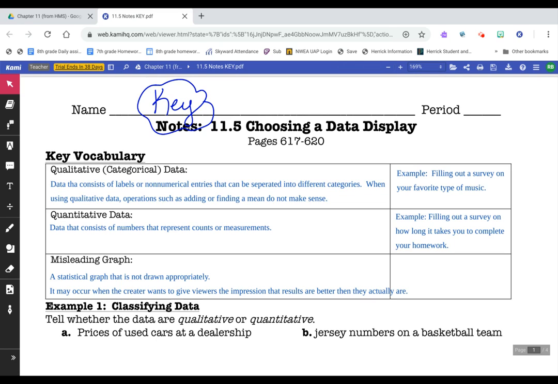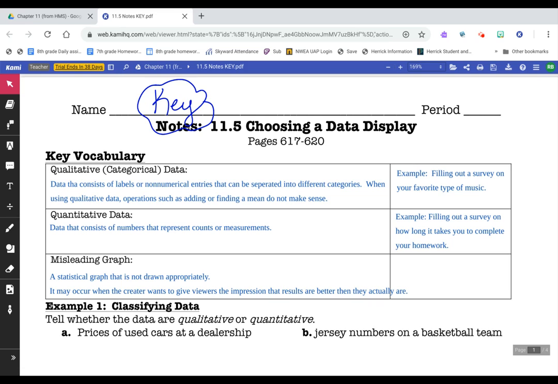Different possibilities could be pop music or rap, classical, country, and so forth. These are different categories. It wouldn't make sense to say, all right, let's take the information and find the mean of it. So it would fall into the categorical or qualitative data set.